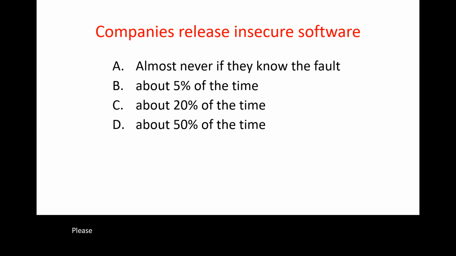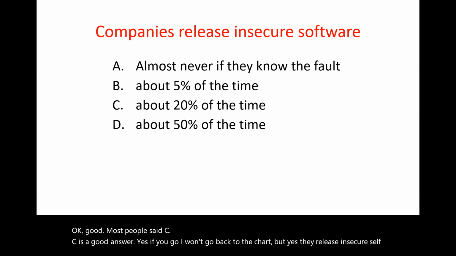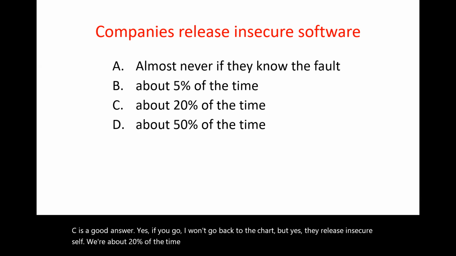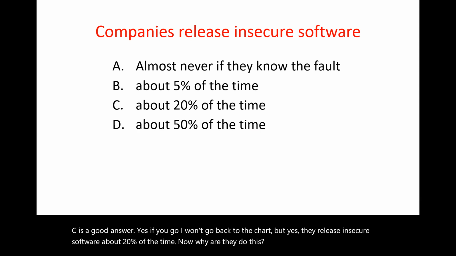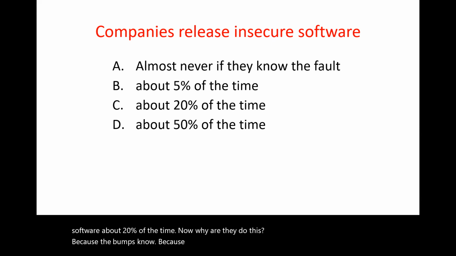Okay, good. Most people said C. C is a good answer. Yes. I won't go back to the chart, but yes, they release insecure software about 20% of the time. Now, why do they do this? Because they're bums? No, because sometimes they've got it running, it works, and there's a bug out there, and well, what's the risk?